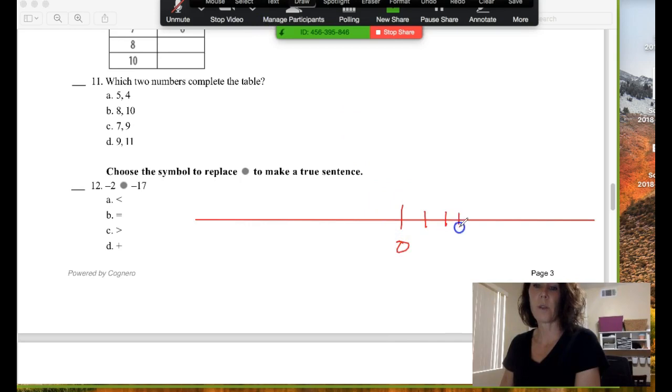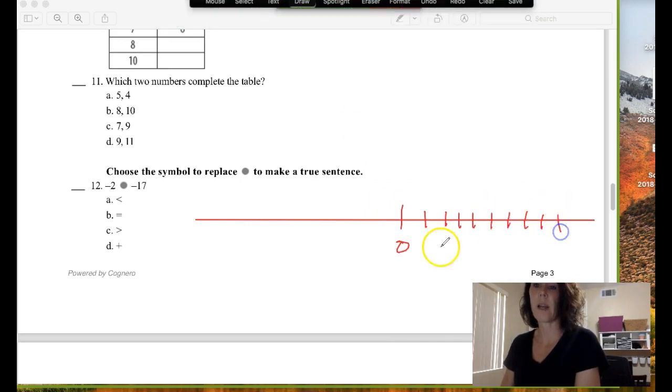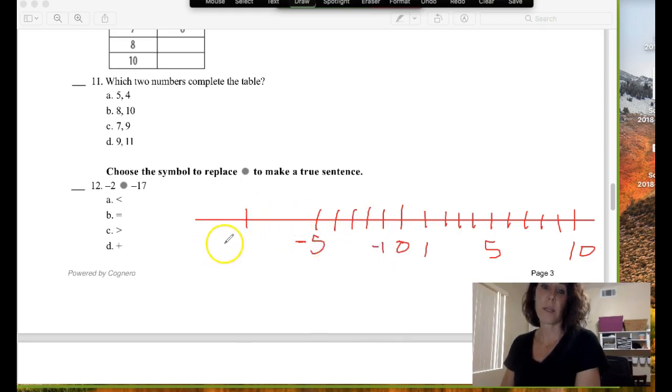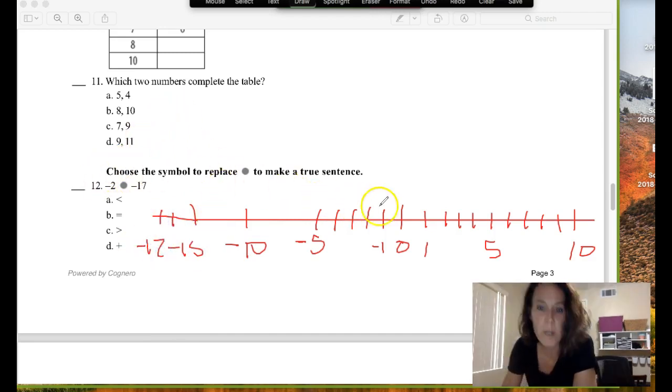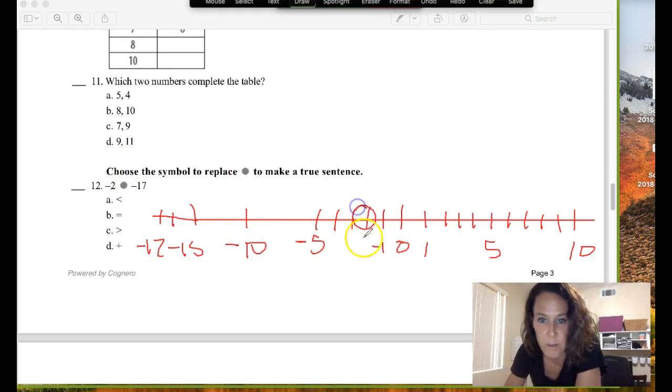If this is 1, 2, 3, 4, 5, and so on, in the other direction it's going to go -1, -2, -3, -4, -5, -10, -15, -16, -17. Here's -2 right here, and here's -17.